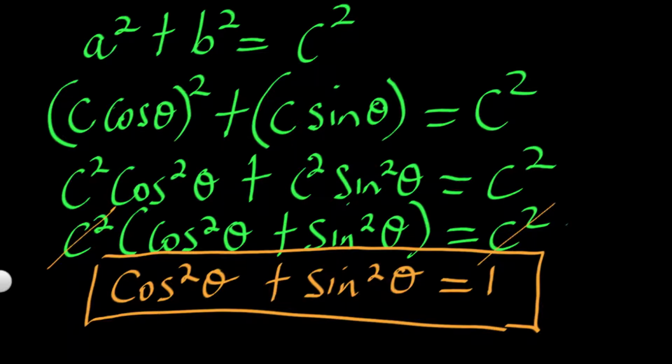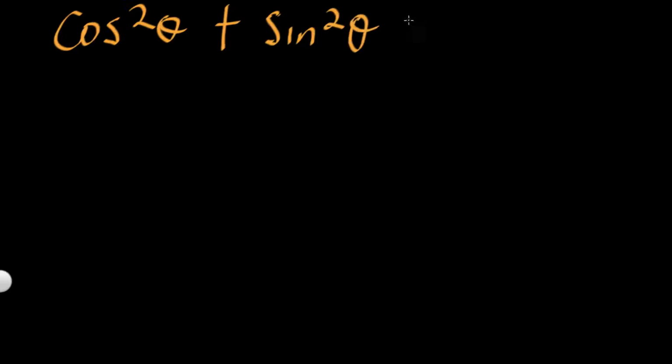Now we are going to derive more trig identities from this. Trig identities are quite powerful in mathematics. Let me rewrite this. Cos squared theta plus sine squared theta is equal to 1.